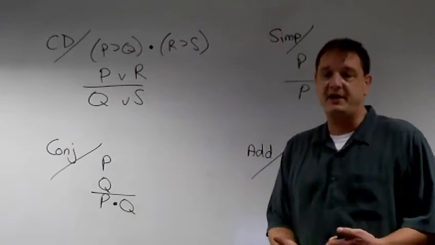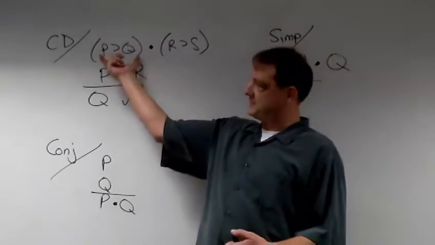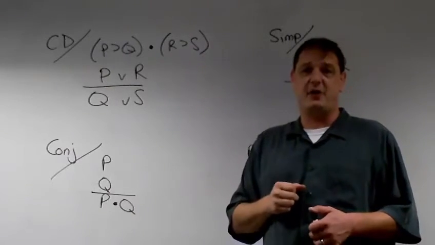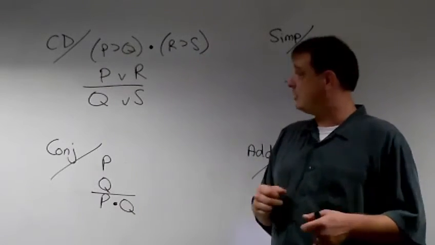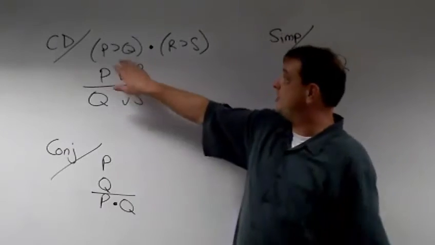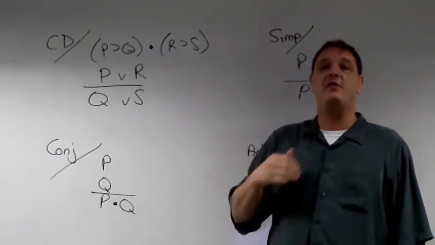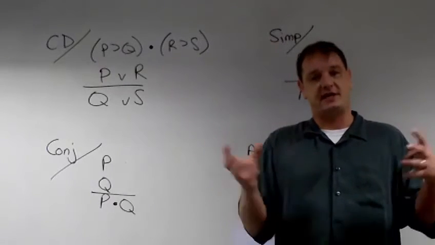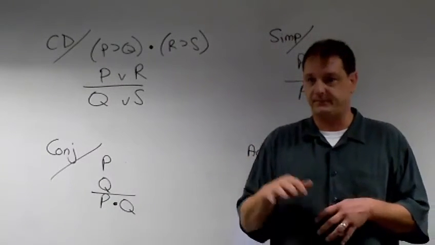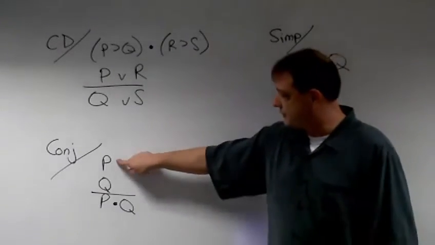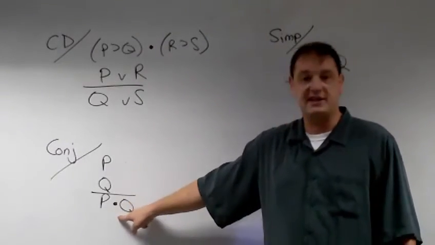What you might find in a proof is a line that says if P then Q, a line that says if R then S. You can take those and stick them together. If you know that this is true by itself and this is true by itself, then you can put them together and say that they are both true at the same time. That's all this is. It's all conjunction. Two things known to be true separately, we can say that they're both true.